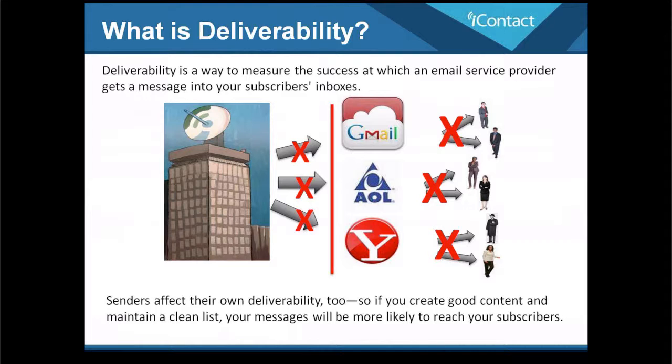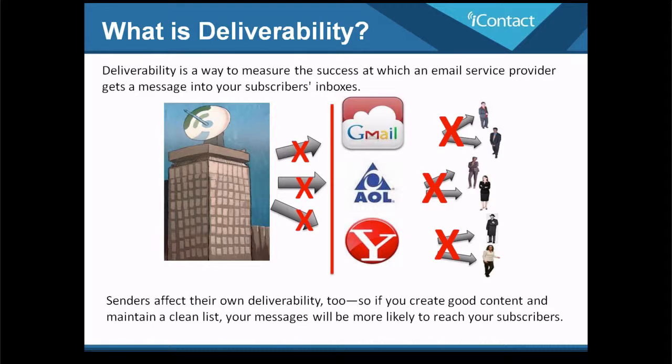Now, if iContact allowed spam messages to be sent to these ISPs, our email servers, ISP addresses, and sending domain would be blocked. Once blocked, all email queued to go through that server would never be received by the intended recipients.